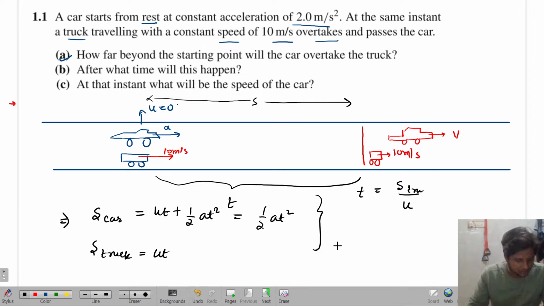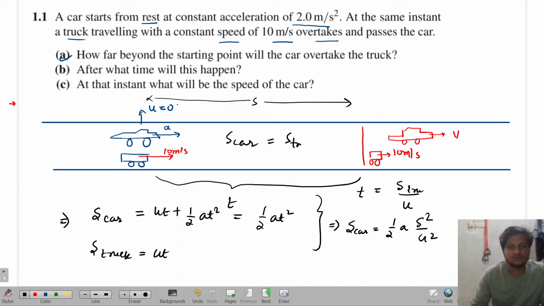Therefore s of the car becomes half of a into s square by u square. Now s of car and s of truck are the same, so s of car is equal to s of truck.